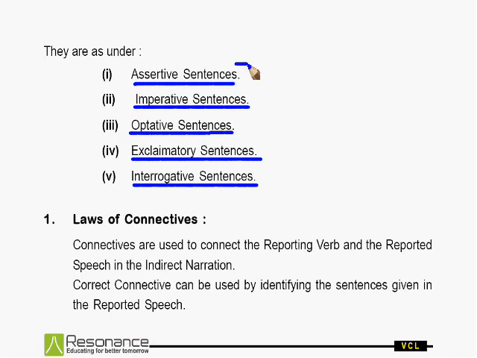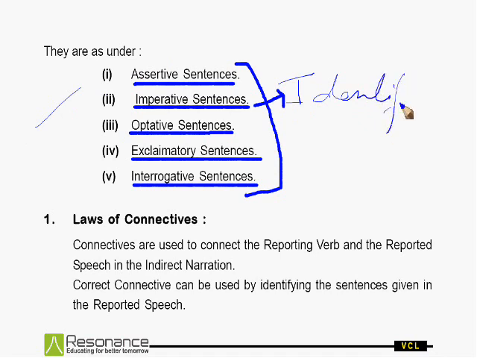Now the question arises how to identify them. Now this one is easy, extremely easy. Now first of all, what actually is an assertive sentence? Assertive sentences are the simple sentences.